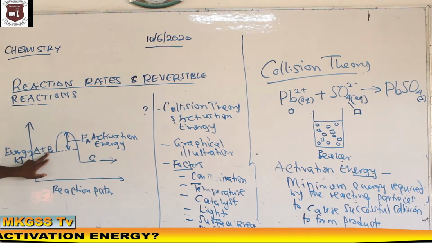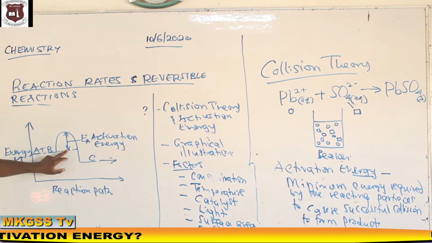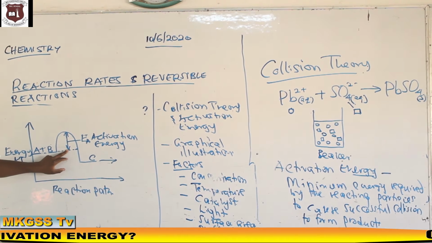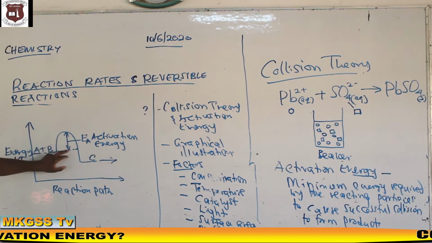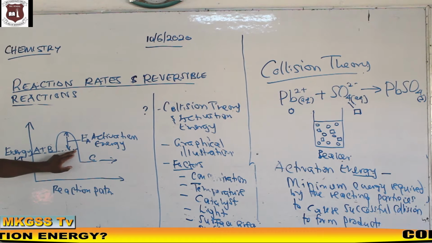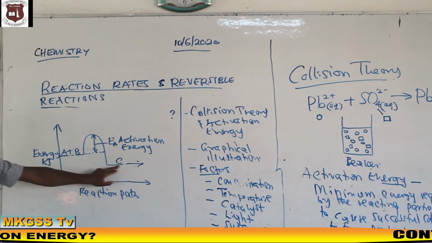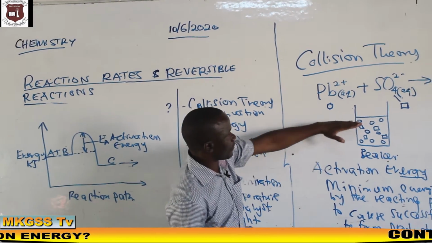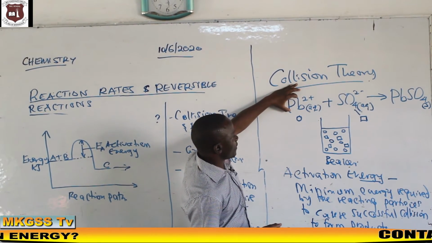But that collision requires some minimum energy. So that energy, we actually talk about the kinetic energy. That minimum energy is illustrated by this part that is curved, so that there is formation of product C. And in this case, we can consider lead two ions require some minimum energy.